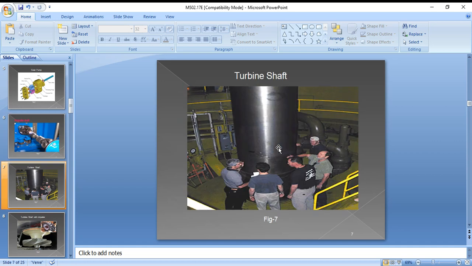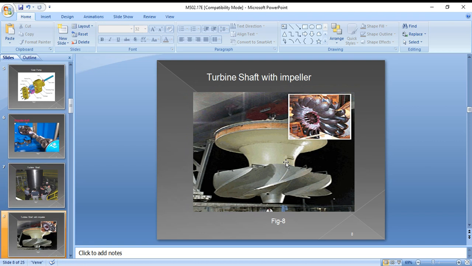Next we will see the turbine shaft, where the power is produced. Generally in hydraulic power stations we use the turbine shaft with impellers, where the water impacts on the propeller so that the propeller moves.